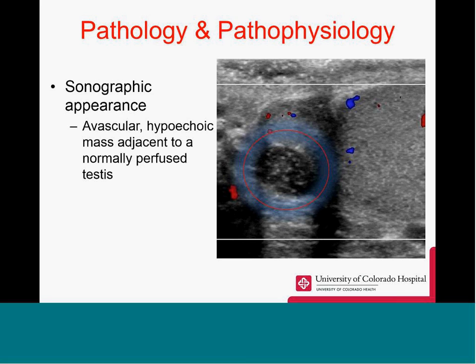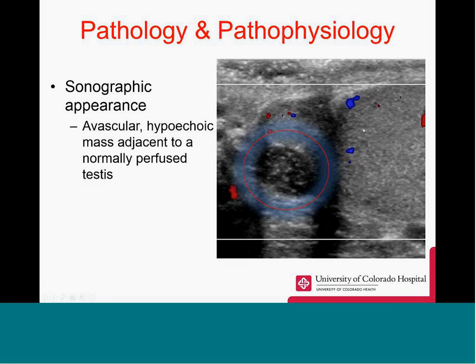Here on ultrasound, we're going to see an avascular hypoechoic mass adjacent to a normally perfused testis. It may appear as an echogenic extratesticular mass situated between the head of the epididymis and upper pole of the testis.